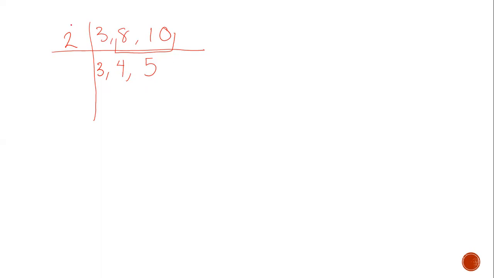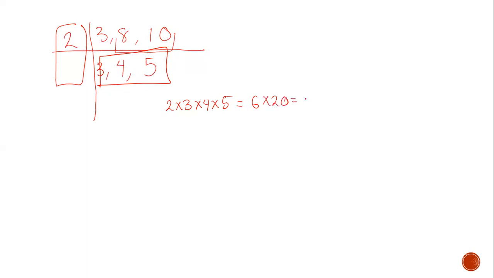So our answer will be what's here times what's left. So we have 2 times 3 times 4 times 5. 2 times 3 is 6. 4 times 5 is 20. So 6 times 20 is 120. So the LCM of 3, 8, and 10 is 120.